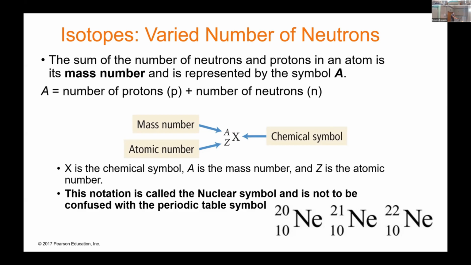It's different than the atomic mass. Atomic mass is the average atomic mass for an element. The mass number is the mass that is specific to an isotope, whether it's neon 20, neon 21, or neon 22.